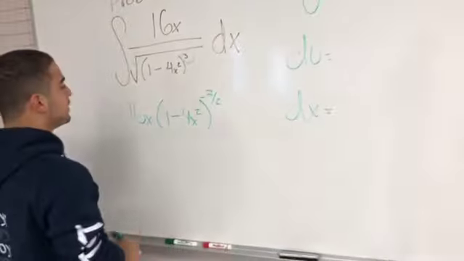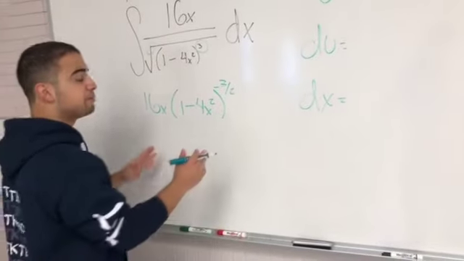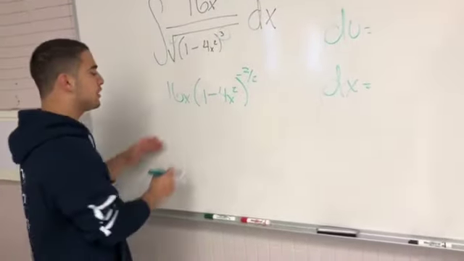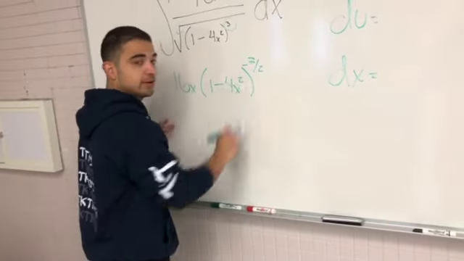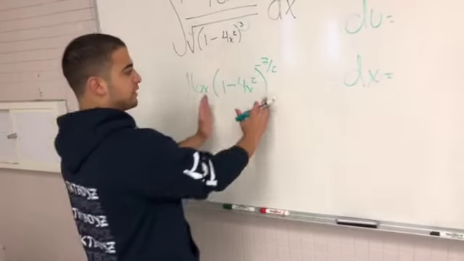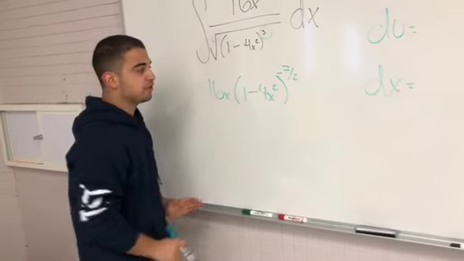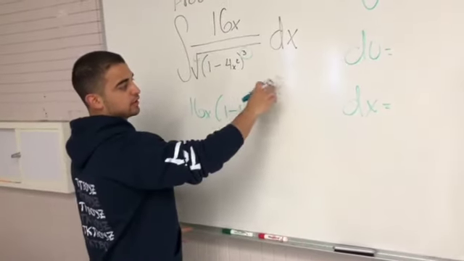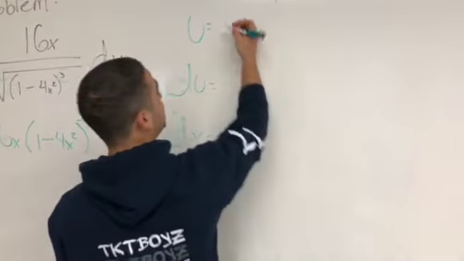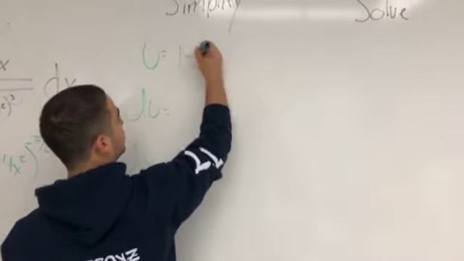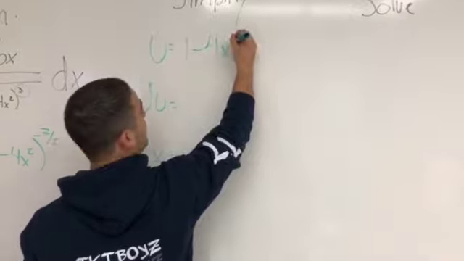Which is the u? The u is the binomial that has the bigger exponent. So if we have 16x and we have 4x squared, that means we're going to get this binomial. We're just going to ignore the exponent of the u. So the u is going to be 1 minus 4x squared.